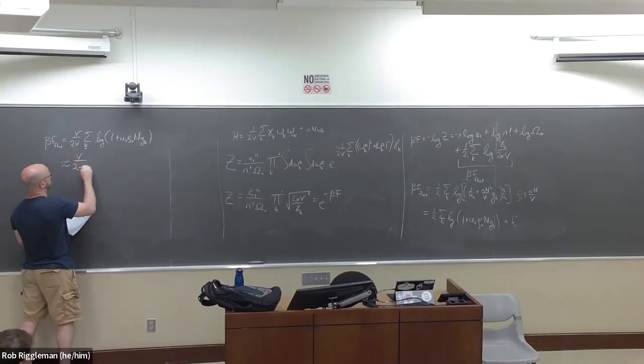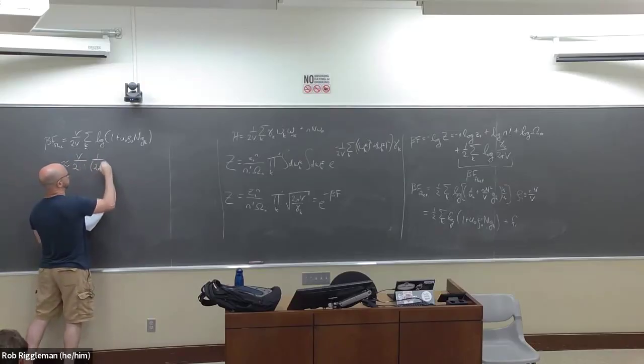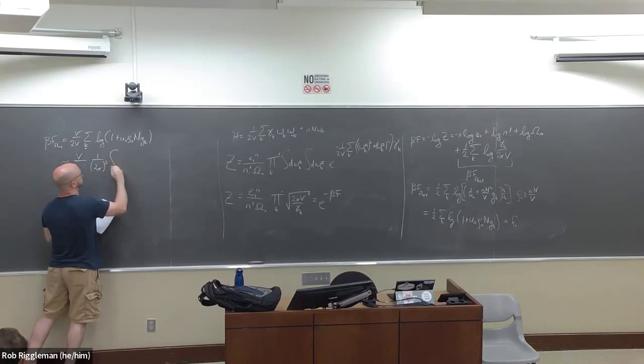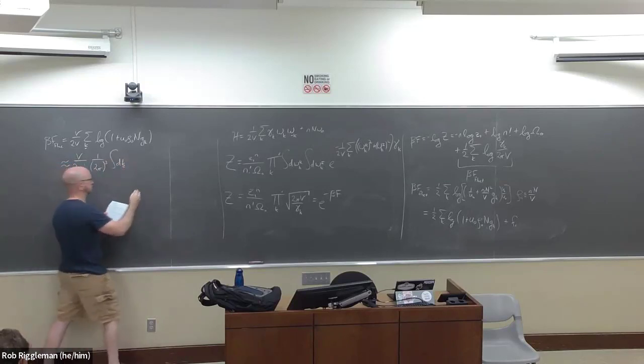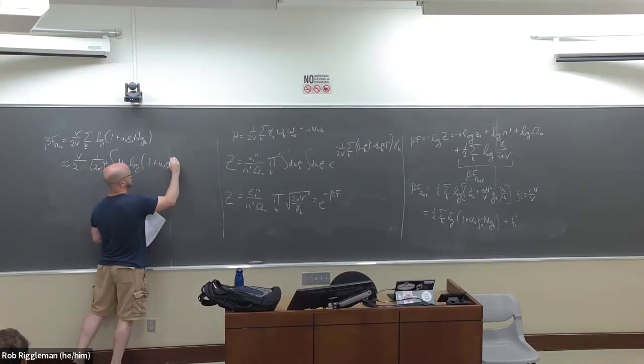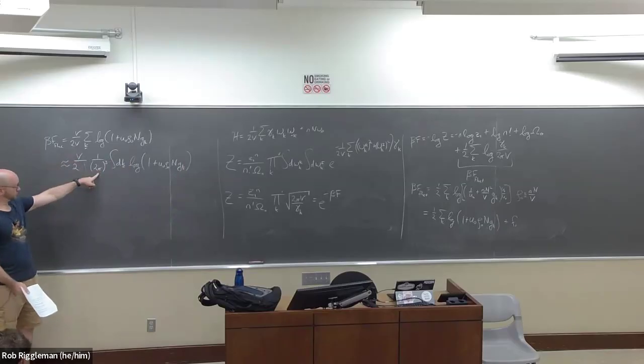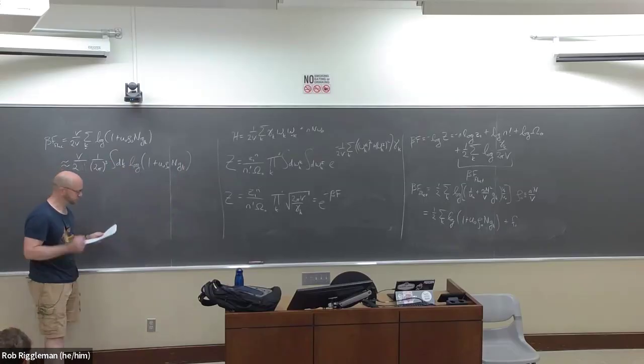The way that you do this in 3 dimensions, this becomes b over 2, 1 over 2 pi cubed, and then go dk, log of 1 plus u0 rho0 g k. The conversion from v to 1 over 2 pi cubed comes from switching between the discrete and continuum Fourier transforms.